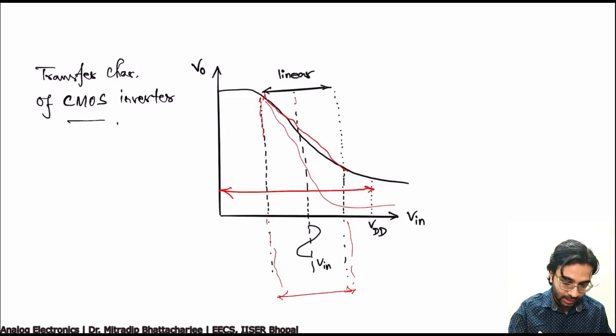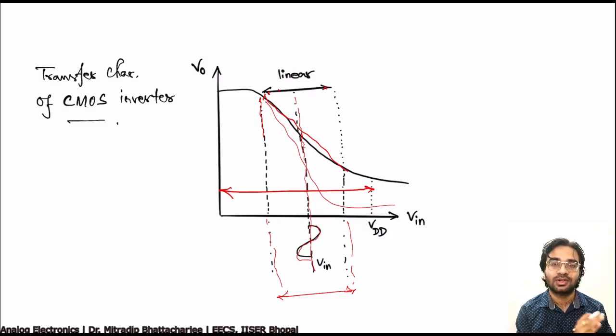Say if you bias your circuit at this point, then you use an input which always stays in the linear domain. So you have a very small signal, you have a restriction. You can't go beyond this. If you go beyond this, then you need to suppress the other part of the signal, or it may create a problem. So there is a restriction.